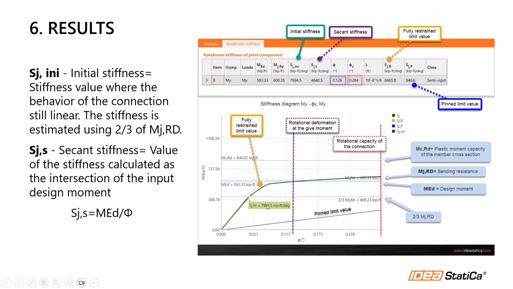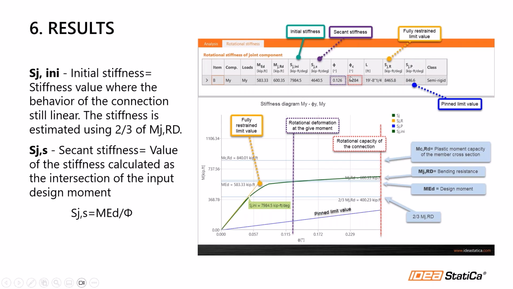And you can see the design moment line here in this graph, and where it touches the rotation, that is the value that we are putting over here in the second stiffness. So basically, you can divide the input moment by the rotation for that moment, and you will get this second stiffness, all right?